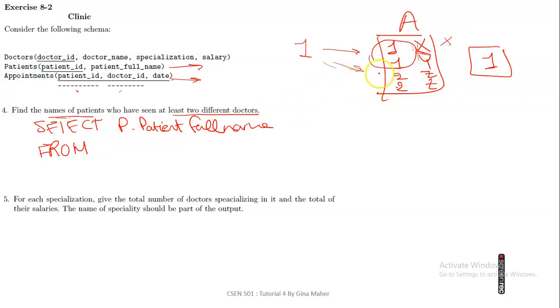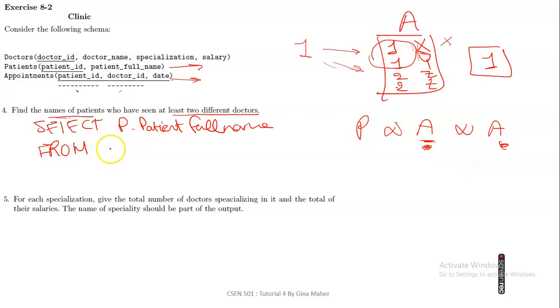Okay, how can we do so? Simply, we can join the patient with appointment and with another appointment and check that the doctor ID here is not the doctor ID here.